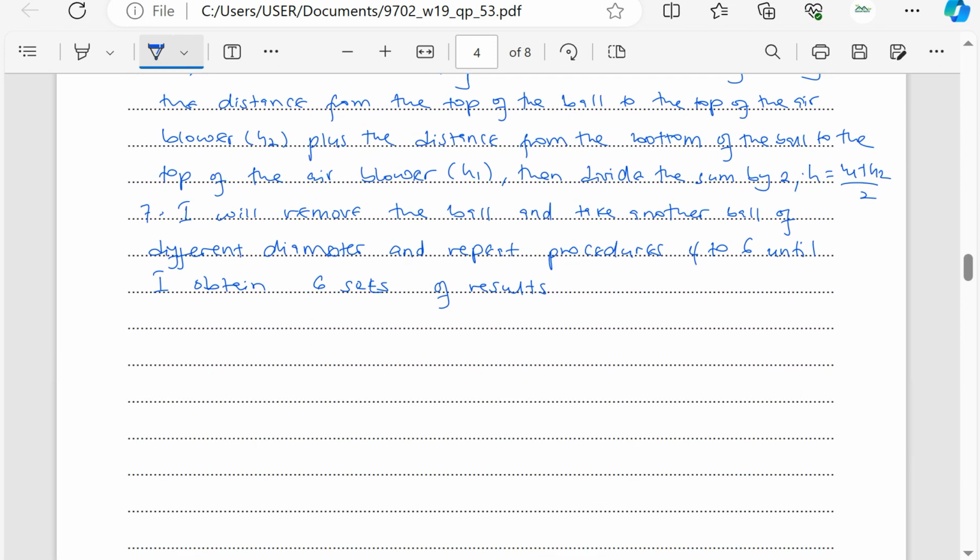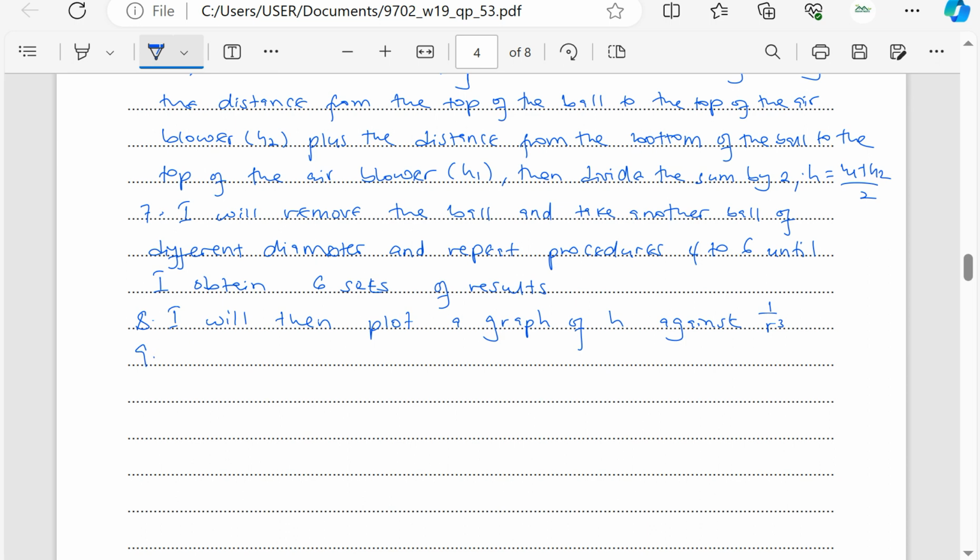So step number 8, I will then plot a graph of h against 1 over r cubed. Of course, from the previous analogy on the first page, we saw that this graph is a straight line and it had no y-intercept.